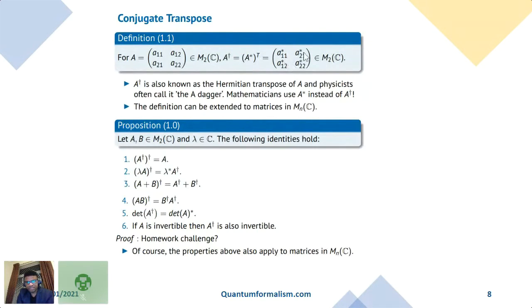So that's essentially the transpose and then conjugating the entries of the elements of the transpose. Okay, now very important: physicists write a dagger. Mathematicians write star. So in the study materials that I will reference, when you see star, it means a dagger. Okay, because the book is written by two mathematicians.